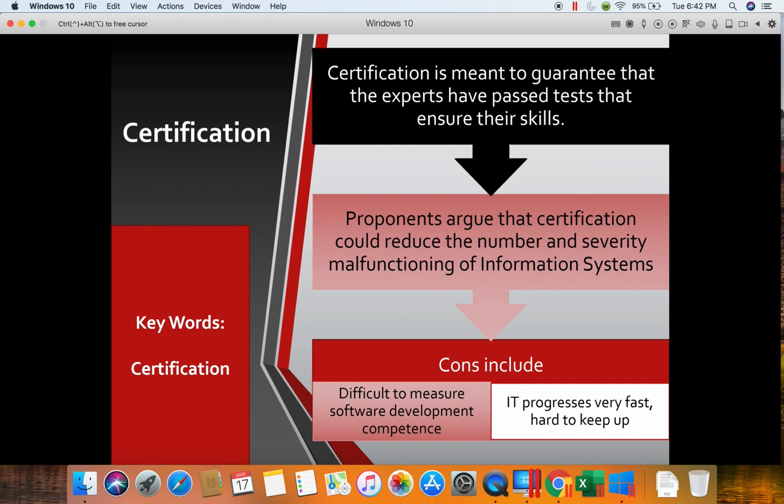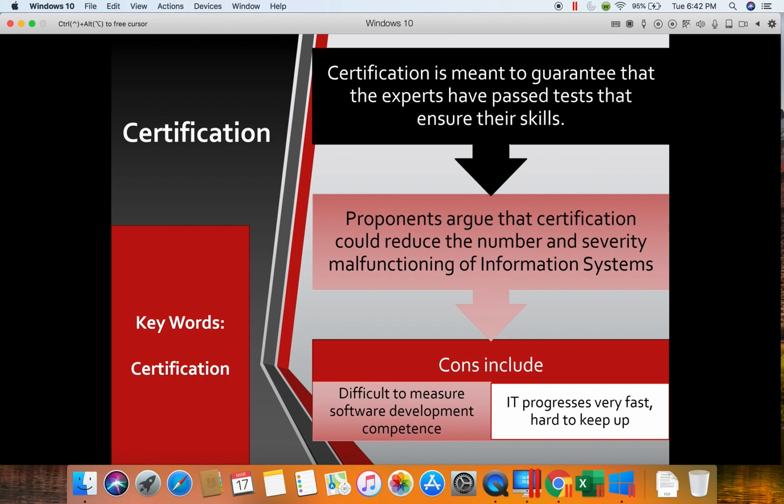Many of the proponents of certification believe that this could be a benefit to organizations when they're hiring. If there was certification that was required, then you could show that this person had passed a test in that area. There are certification programs that people can take tests to prove that they are competent in different areas.